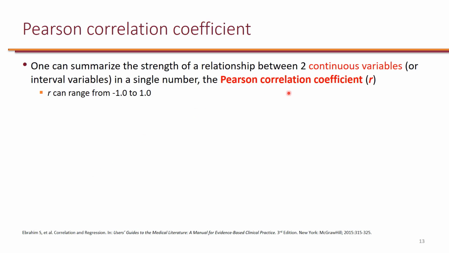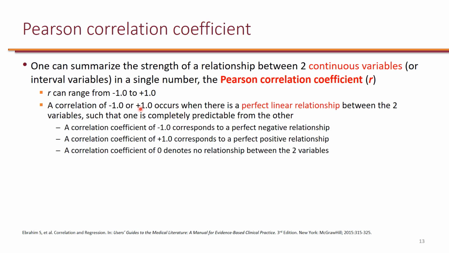What you need to look for is the Pearson correlation coefficient, which is typically represented with the letter R. And R can range from negative 1.0 to positive 1.0. And of course, a negative 1.0 would mean a perfect negative correlation or relationship, and positive 1.0 means a perfect positive correlation.